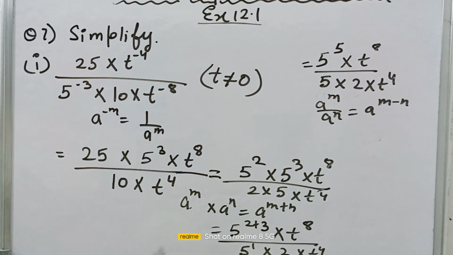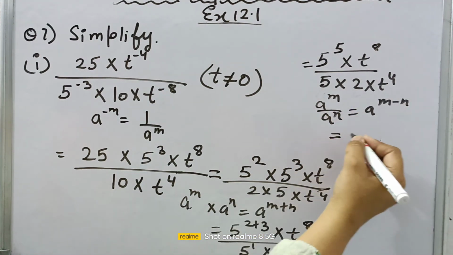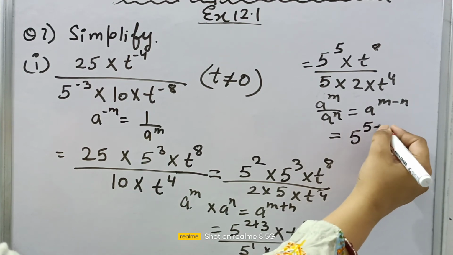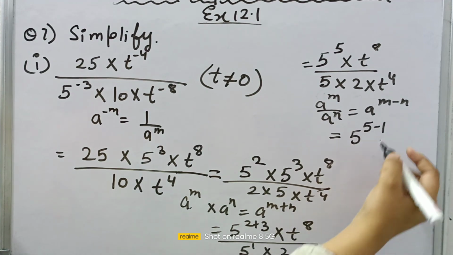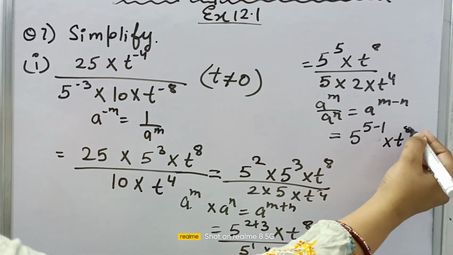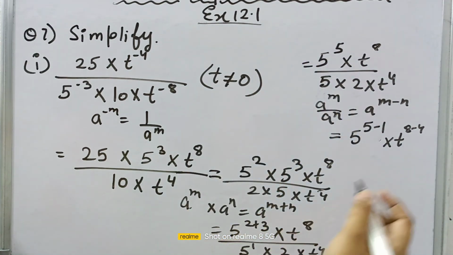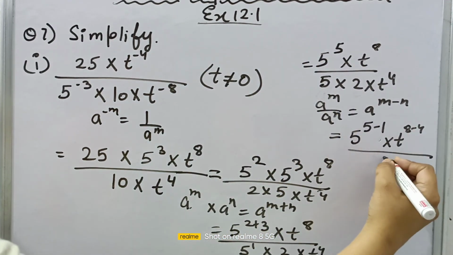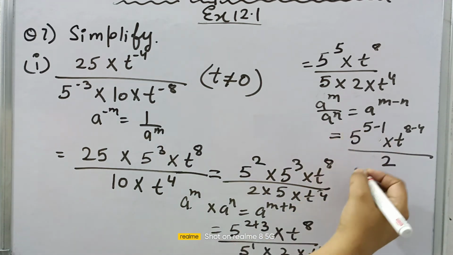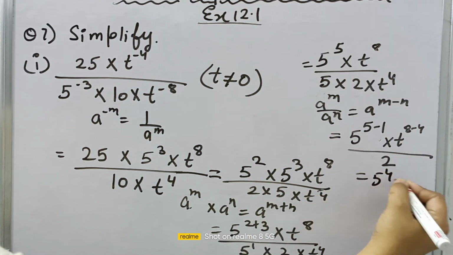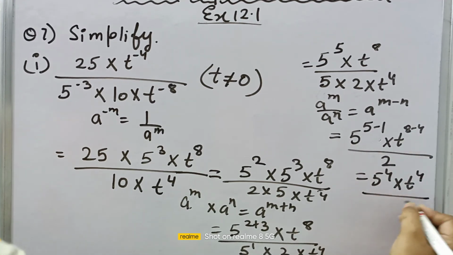So we will apply this law on both for 5 and for t. So it will become 5 raised to the power 5 minus 1. This was 5 and this was 1, so it becomes 5 minus 1 multiply t raised to the power 8 minus 4. m was 8 and n was 4 here. Now in denominator we are left with 2 only. So this becomes 5 raised to the power 4 multiply t raised to the power 4 upon 2.